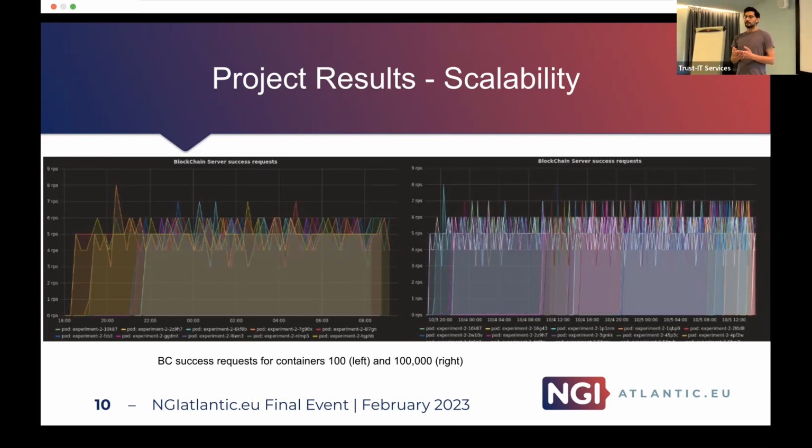This was one pod, in Kubernetes terminology. In one pod we had 10 devices, and we were then able to scale the number of pods on the Kubernetes cluster. In the end, we were able to simulate 100,000 IoT devices and check how the performance of the servers was.